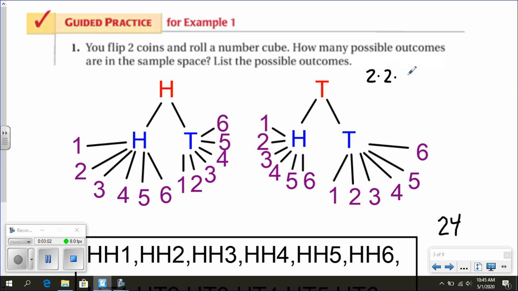How many outcomes do we have there? 6. Well, what is 2 times 2 times 6? 24. And this will work for any type of situation. So once again, if you don't want to draw out the tree diagram, you can multiply the number of outcomes and they will equal your sample space.